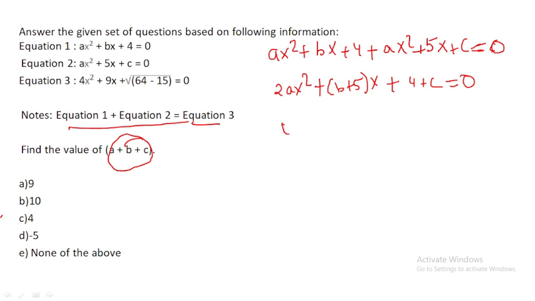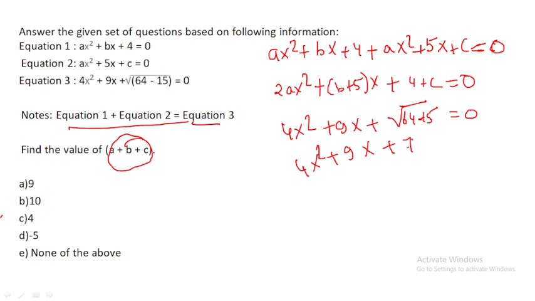Now, if we go through equation 3, what is given in equation 3? 4x square plus 9x plus square root of 64 minus 15, right, equal to 0. So 64 minus 15 is what? Square root of 49, which is equal to 7. So what we can say? 4x square plus 9x plus 7.